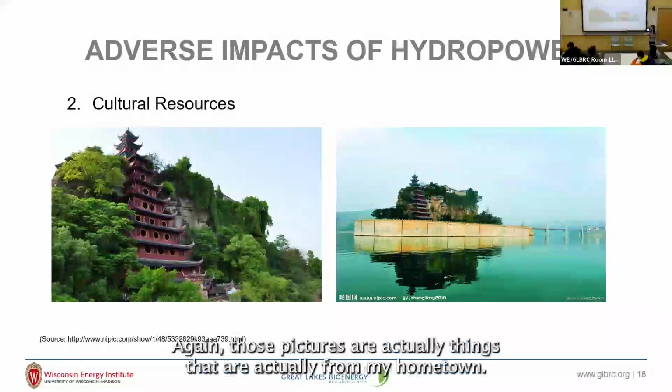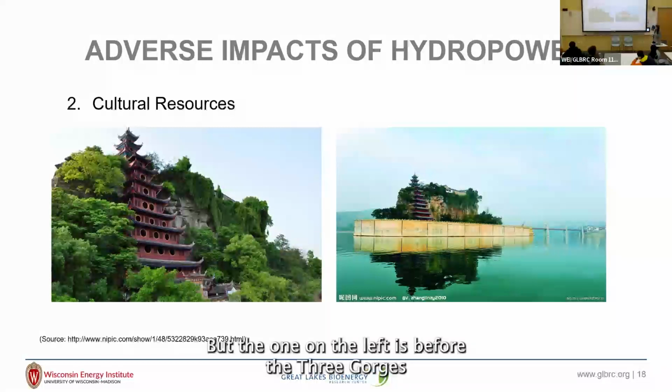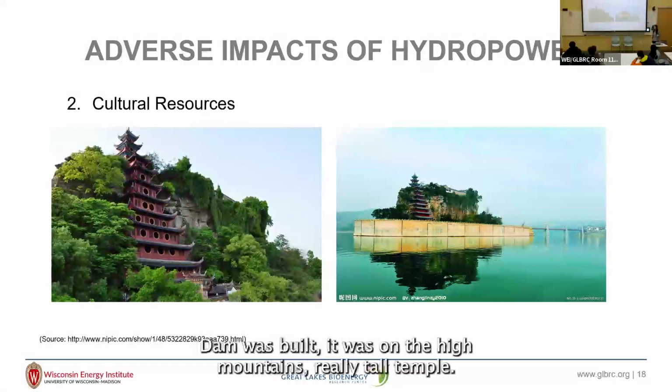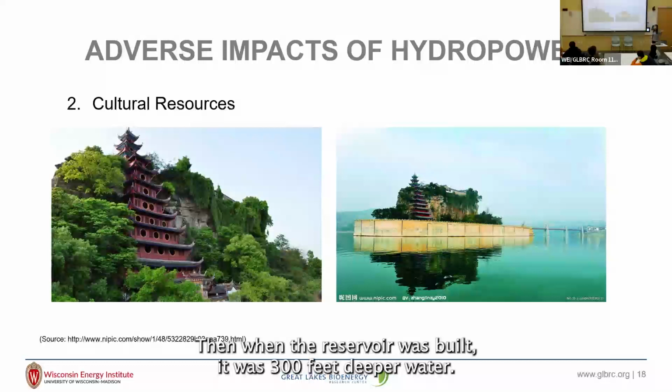Cultural resources. Again, those pictures are from my hometown when the Three Gorges Dam was built. Those are the same temple, but the one on the left is from before the dam was built. It was on the high mountains, a really tall temple. I went there, really loved it. Then when the reservoir was built, the water was 300 feet deeper.